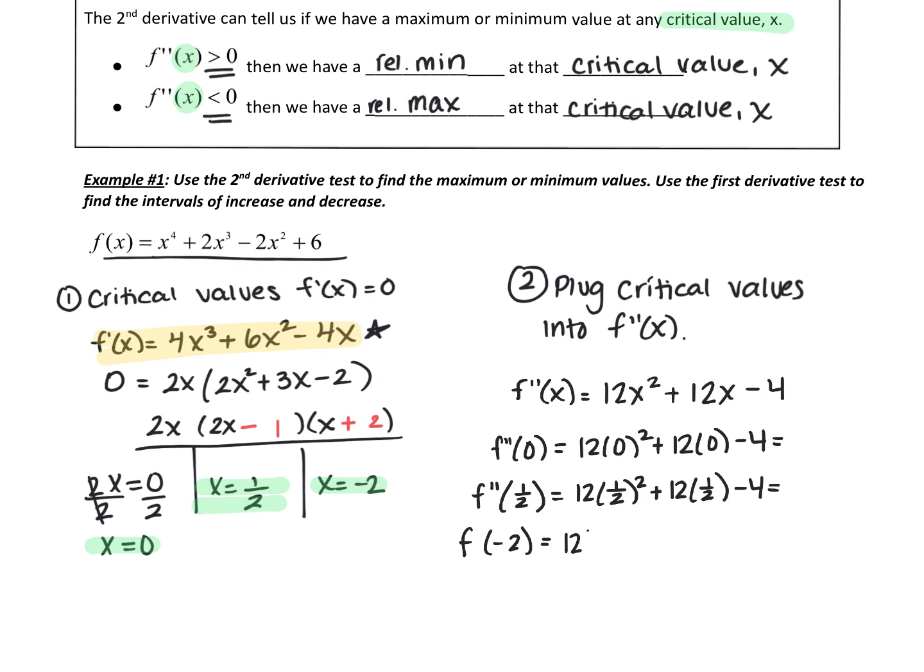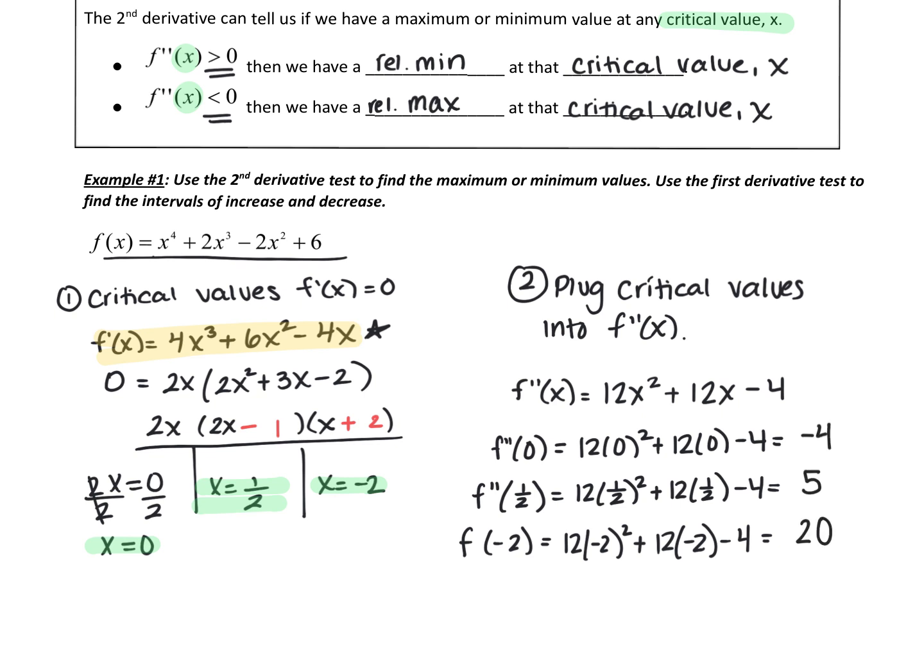And then plugging in negative 2, and getting 3 values. So why don't you take a minute, pause the video, and plug these 3 values into the calculator and see what you get. And then hit resume when you're ready for the answers.